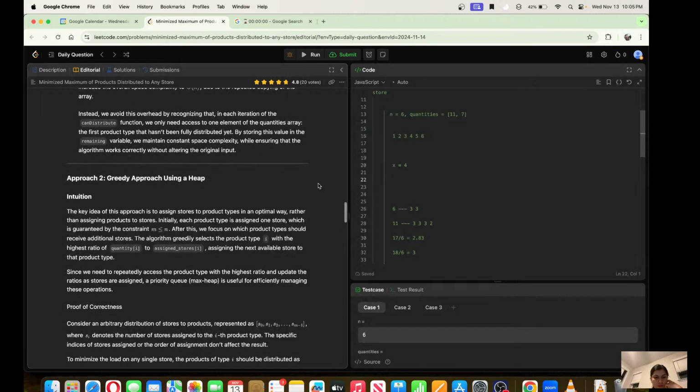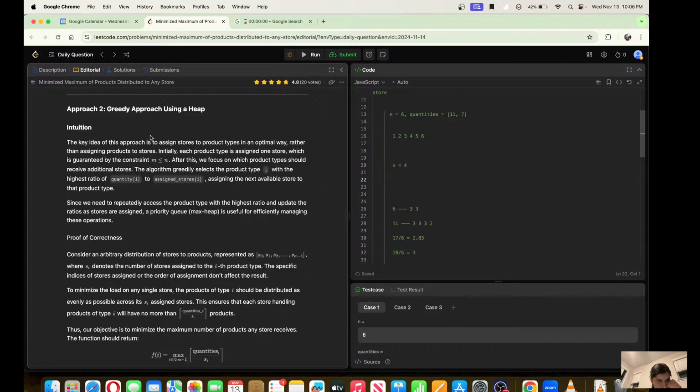So what is the greedy approach? The key idea is to assign stores to product types in an optimal way rather than assigning products to stores. Yeah, I was trying to do greedy there. Initially each product type is assigned one store, which is guaranteed.